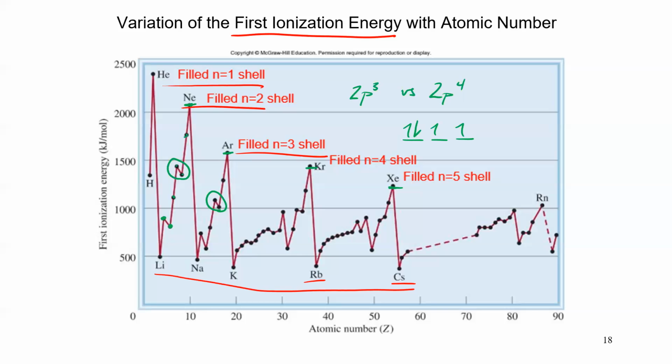And so you have some electron-electron repulsion pushing these two negatively charged electrons apart once they're in the same orbital. That repulsion actually makes it a little bit easier for that electron to be removed. It's not a whole lot, maybe 100 kilojoules per mole, but it's enough to show up on a graph like this.